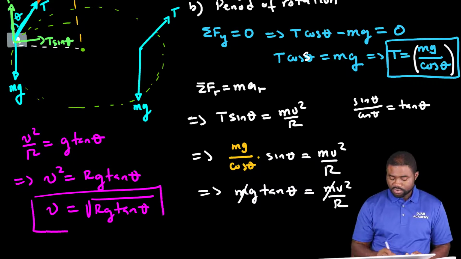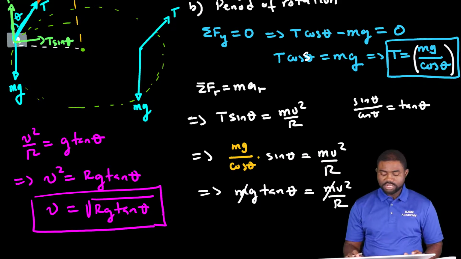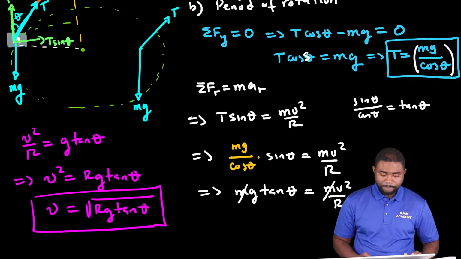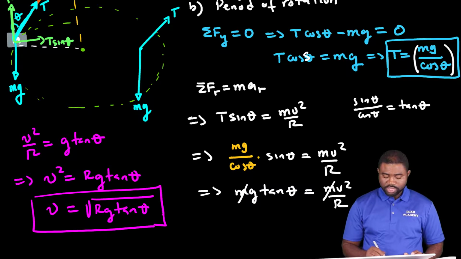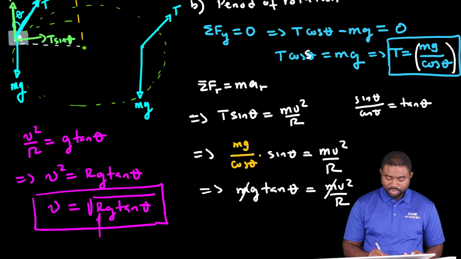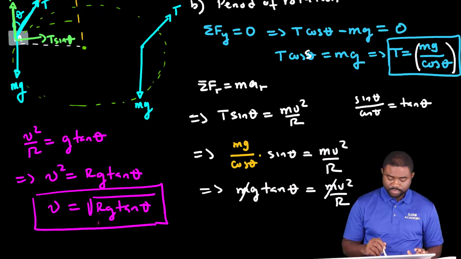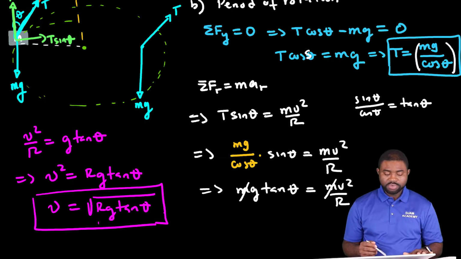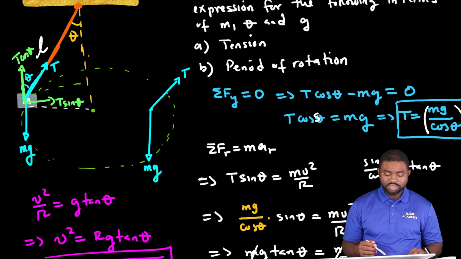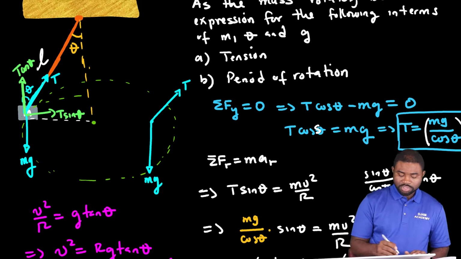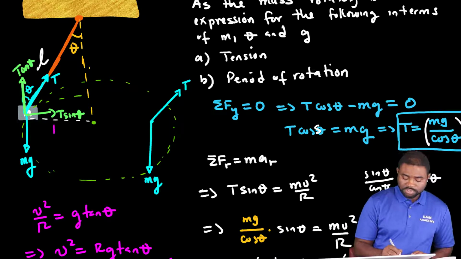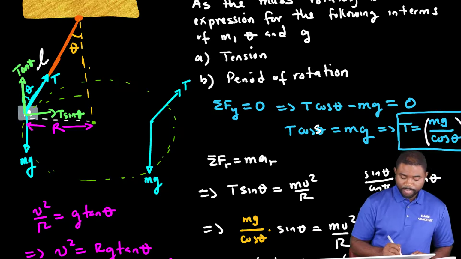You see, this is a good expression, but I really don't like the expression. Why? The reason is because we have a variable in this expression that we don't know, the radius of the circle. If this was an experiment, I would like to express v in terms of what I know. Now, if you look at this diagram, this is r, this distance from here to here.